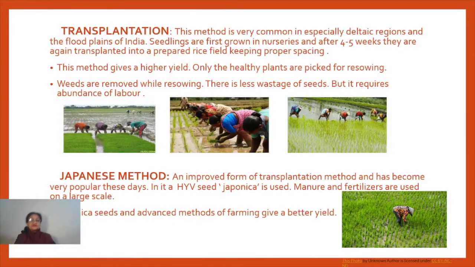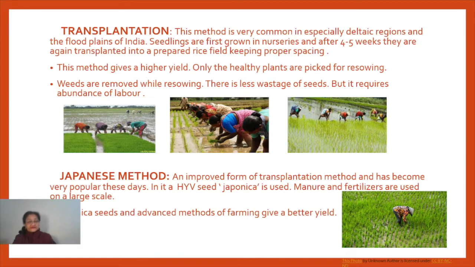Next method which is used mostly in India is the transplantation method. In this method, it is very common in regions like deltas and floodplains of India, right? These are the areas where this method is most common. First of all, nurseries are maintained.